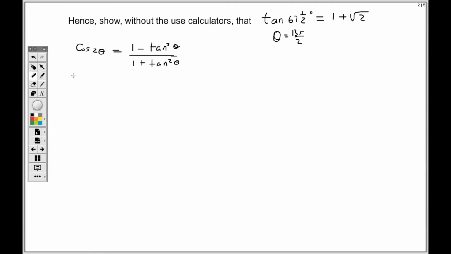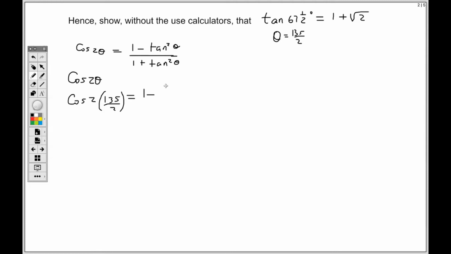So I will have cos 2 theta, and I replace theta. So I will have cos 2 times 135 over 2, which is equal to 1 minus, now for theta, remember I said theta is 135 over 2.